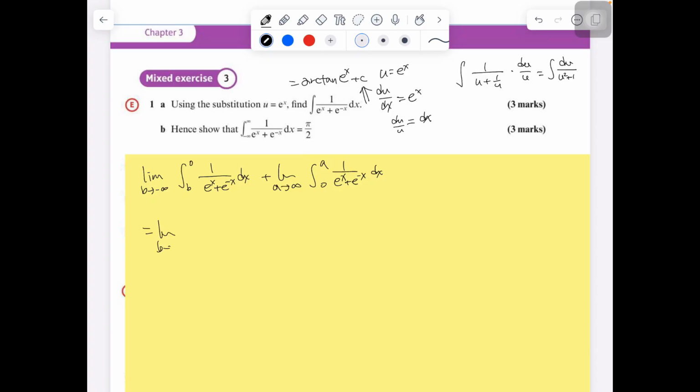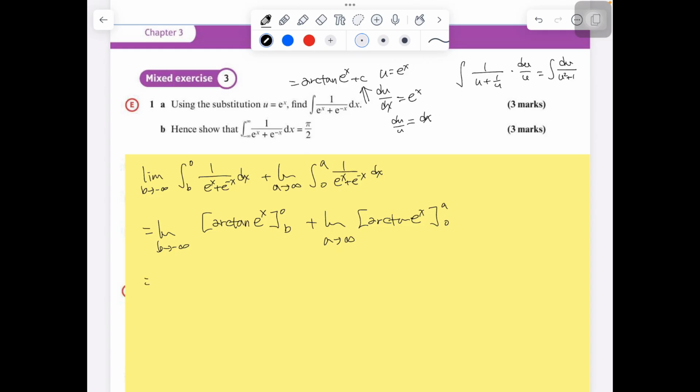So limit b to negative infinity, arctan e to the x, b to 0, plus limit a becomes infinity, arctan e to the power of x.